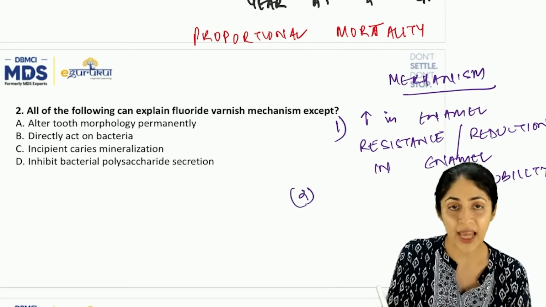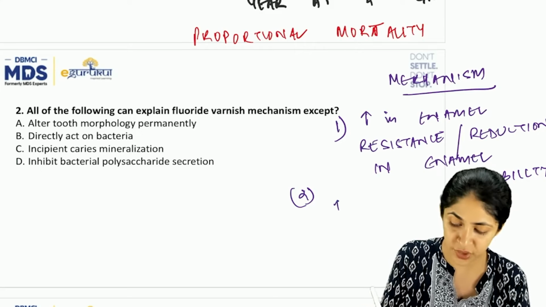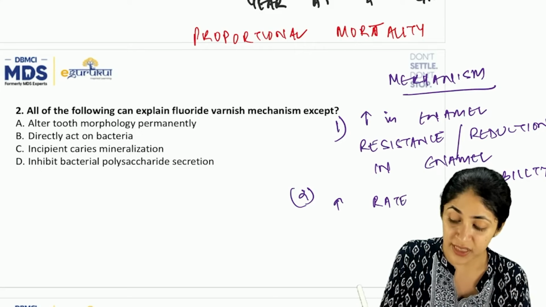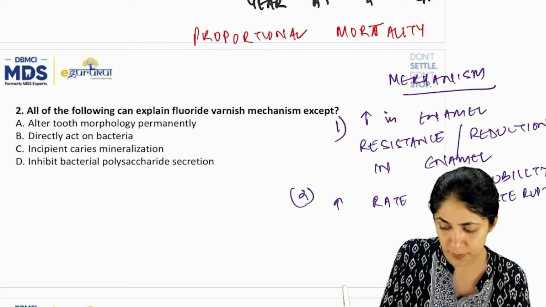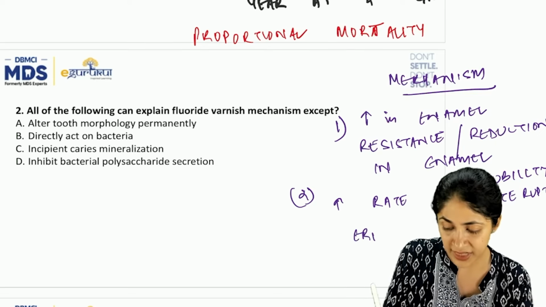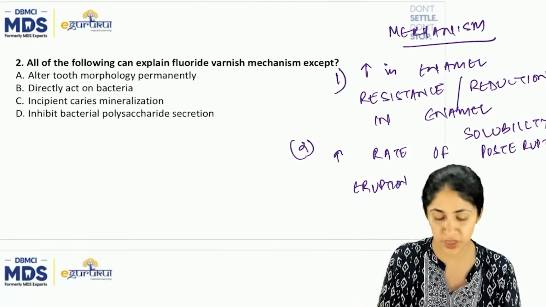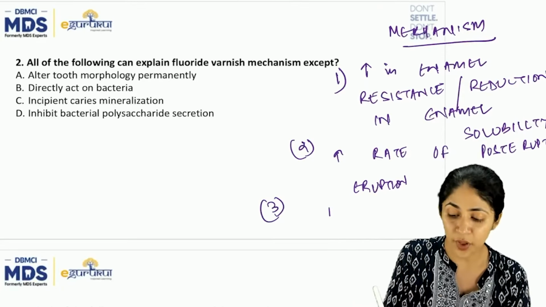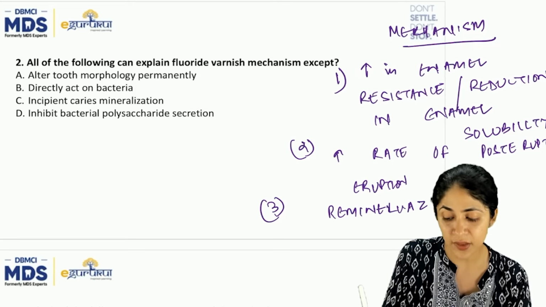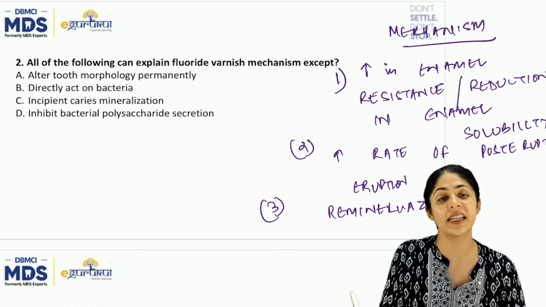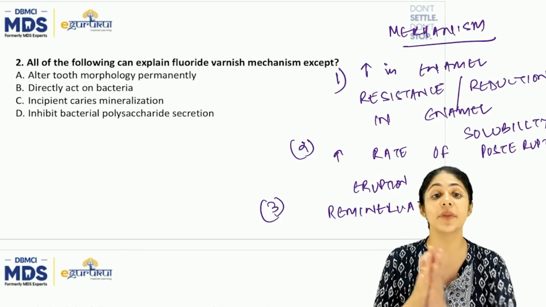The second mechanism is that it increases the rate of post eruptive maturation. So after the eruption, that rate is increasing. One of the major qualities of fluoride is that in dental caries there is loss of minerals, there is demineralization.